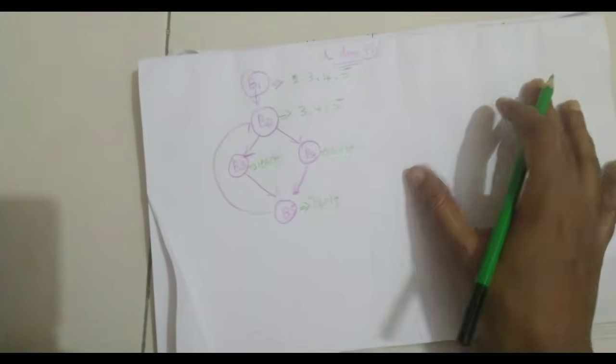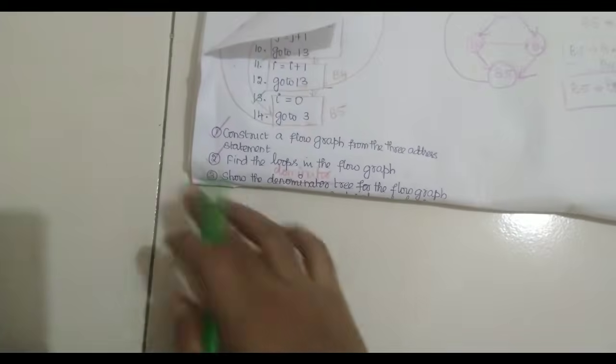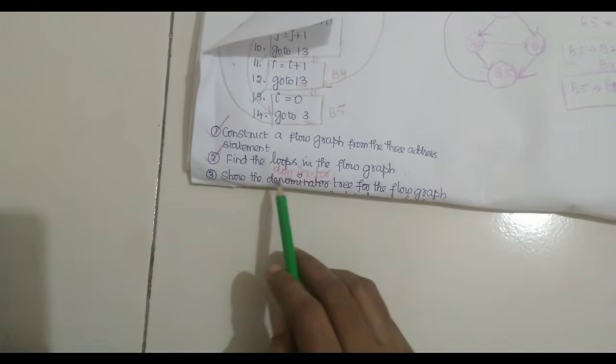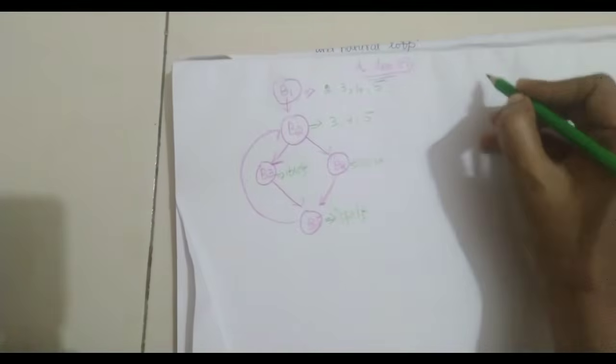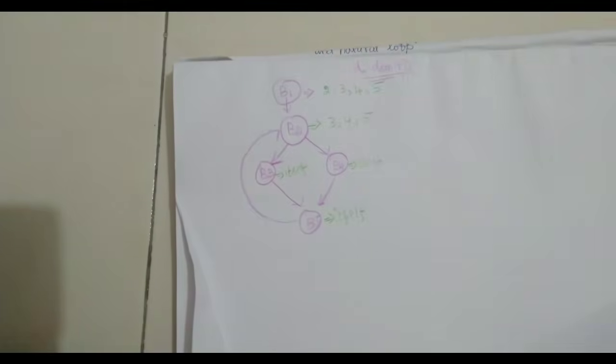And let us see how to draw a dominator tree. That is the third problem: show the dominator tree for the flow graph. So let us draw the flow graph and the dominator tree.